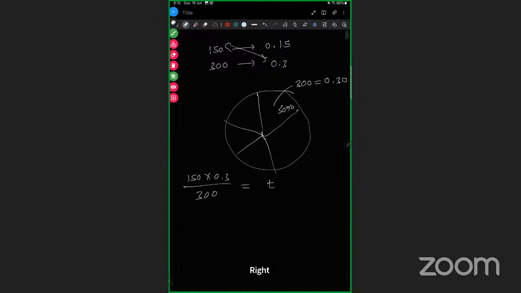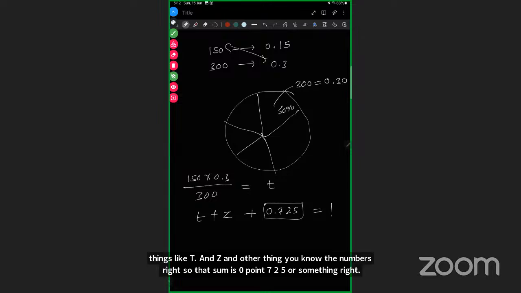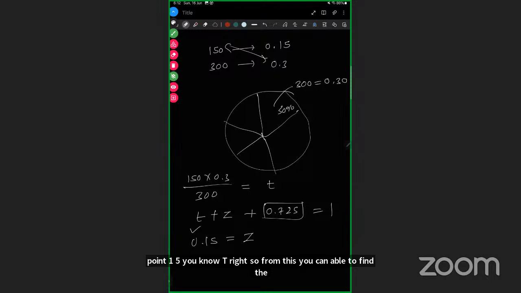So there are two unknowns, T and Z, and the other numbers. Their sum is 0.725 or something, and the total should be equal to 1. Now you know T is 0.15, so from this you are able to find Z.